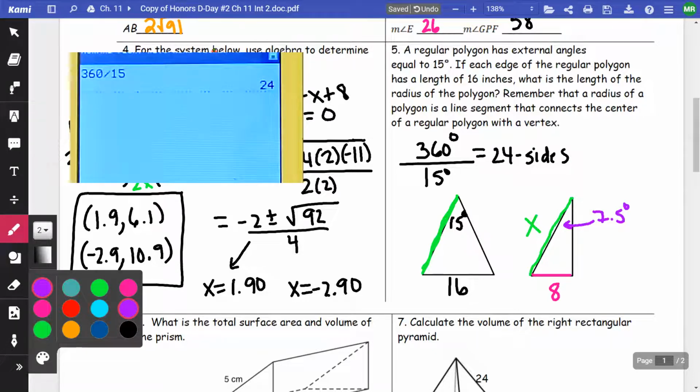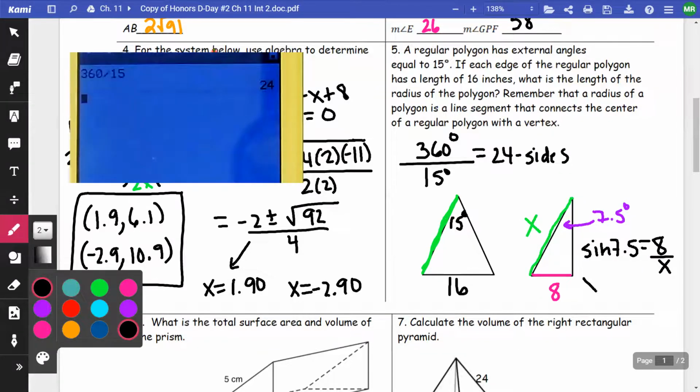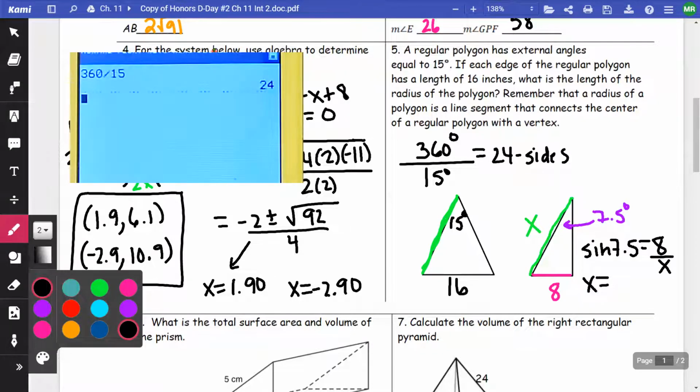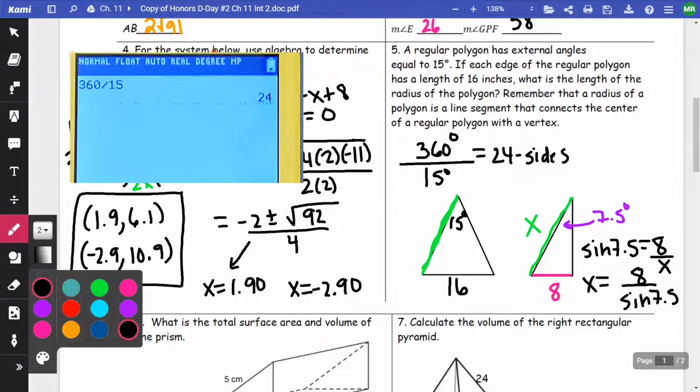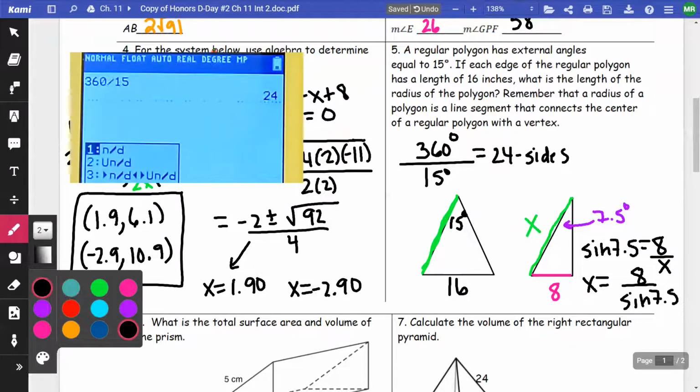So I am going to do sine. Sine of 7.5 equals opposite over hypotenuse. When I work that out, X is equal to 8 divided by sine of 7.5, making sure my calculator's in degrees.